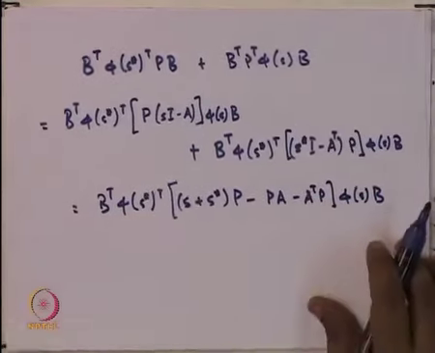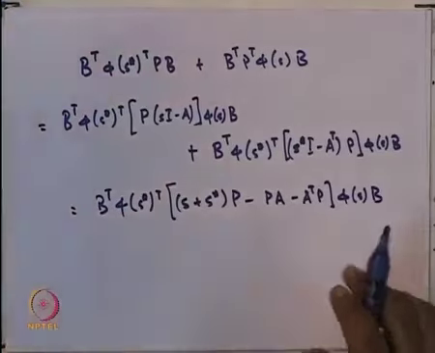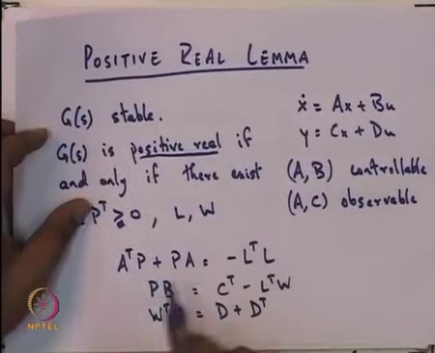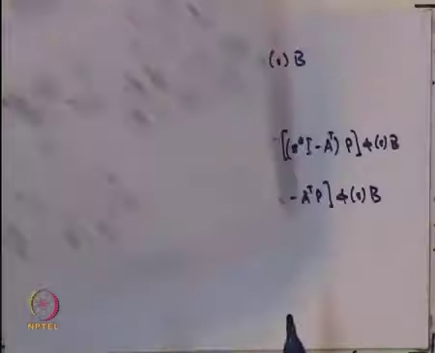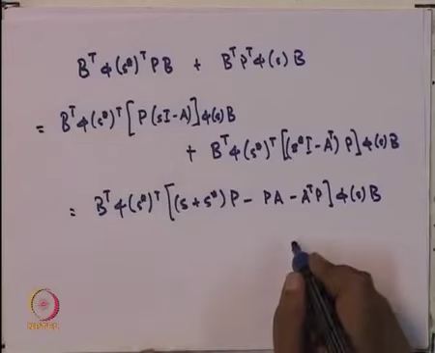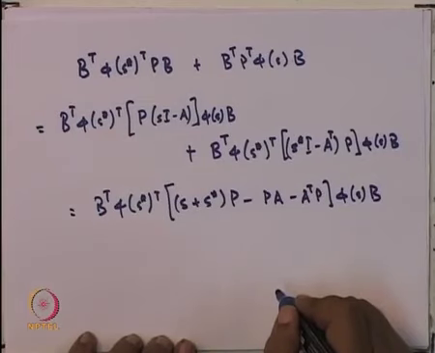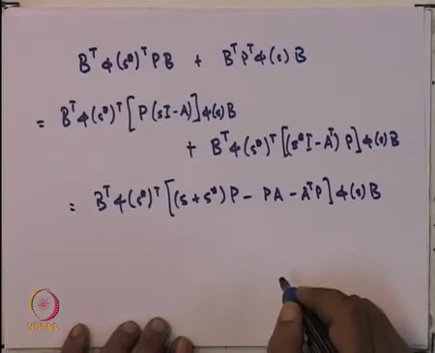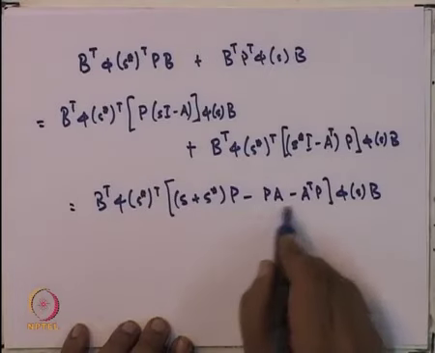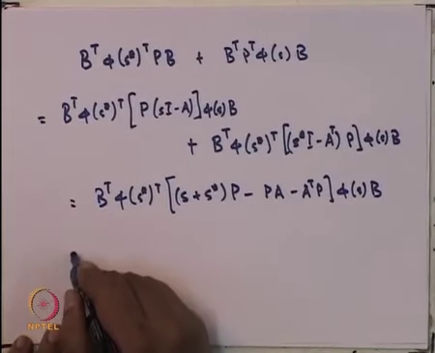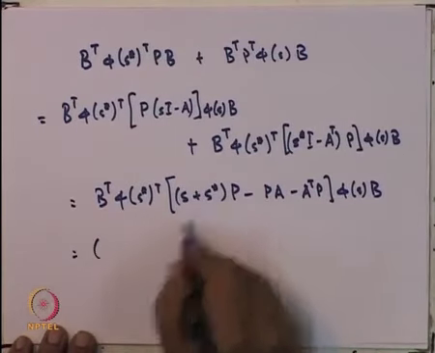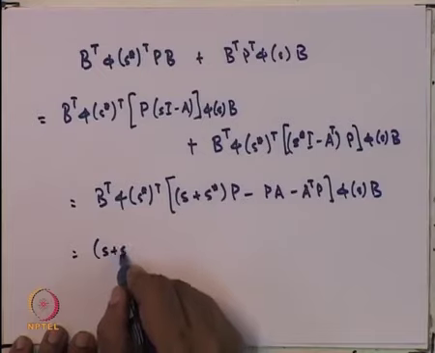And now we again go back to the positive real lemma. The first equation in the positive real lemma says that A transpose P plus PA is minus L transpose L, and so we can substitute that in there. This particular term will give me S plus S star.